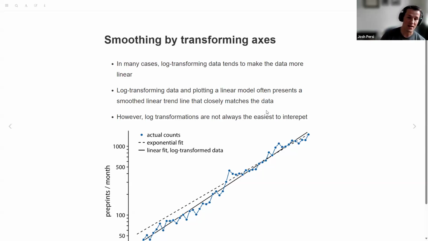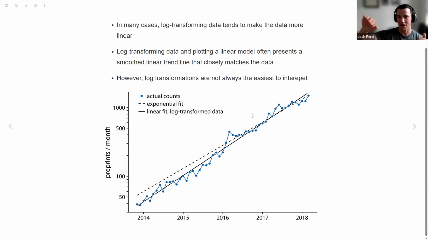But he says that you can take that same data I just showed with the exponential model fitted to it. You can log transform the y-axis here, and then you get a straight line.